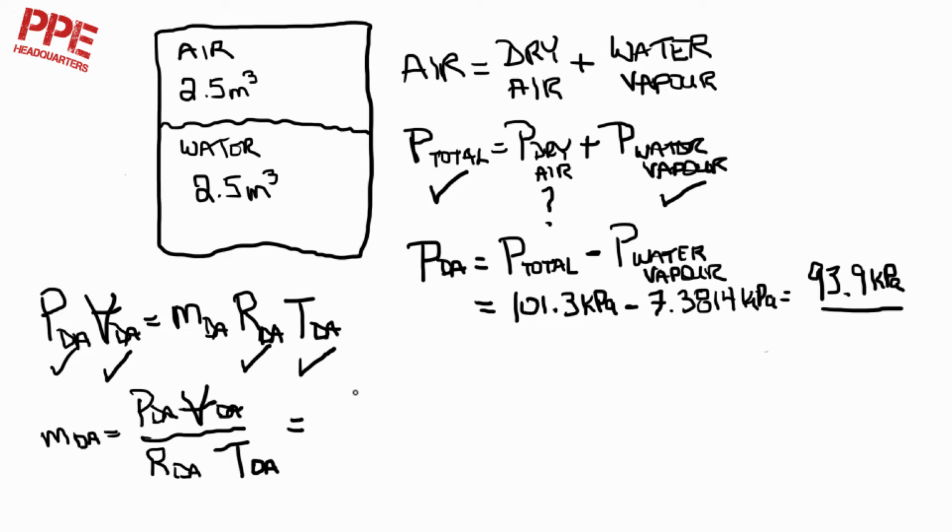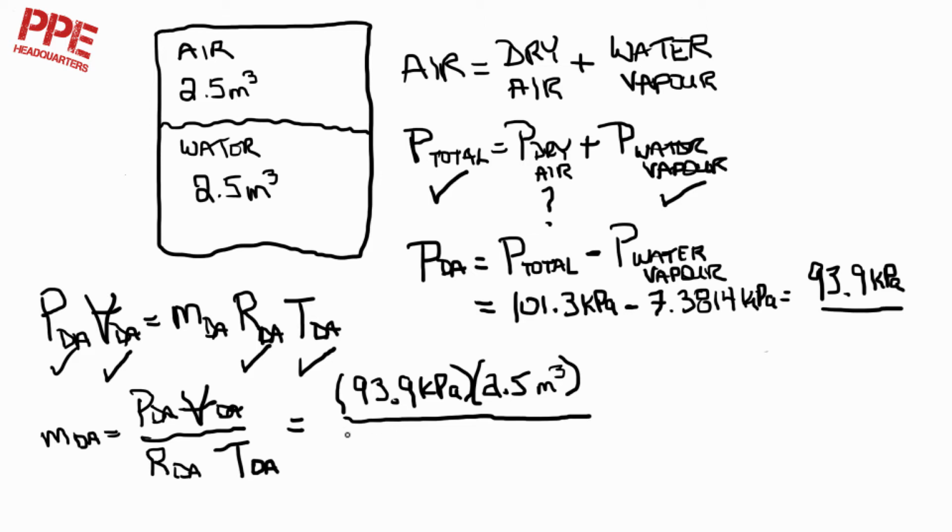The pressure we just calculated is 93.9 kPa, always putting in my units, times the volume, which is 2.5 cubes, divided by the R, which they gave us.